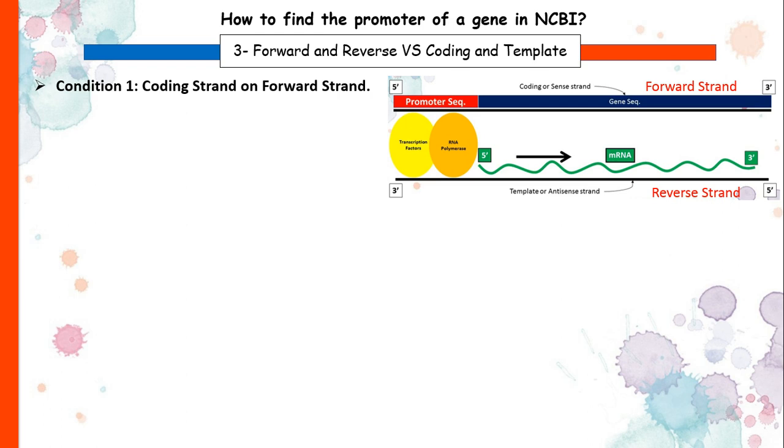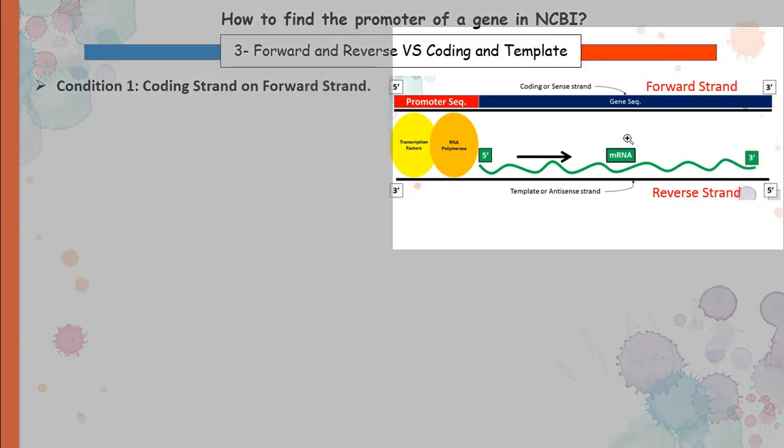and we have two kinds of positions for the coding and template strands. One of them is when the coding strand is on the forward strand.